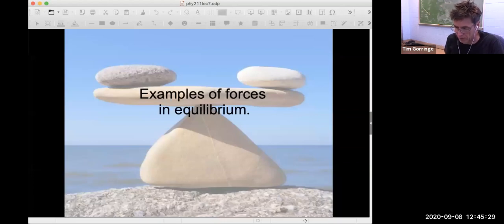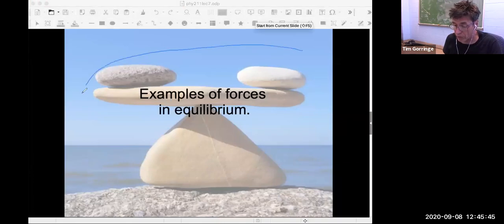And then the second part will be examples of forces in situations we call non-equilibrium. And this picture here is an example of equilibrium. So the stones in this picture are at rest and remaining at rest, and that's what we call equilibrium.